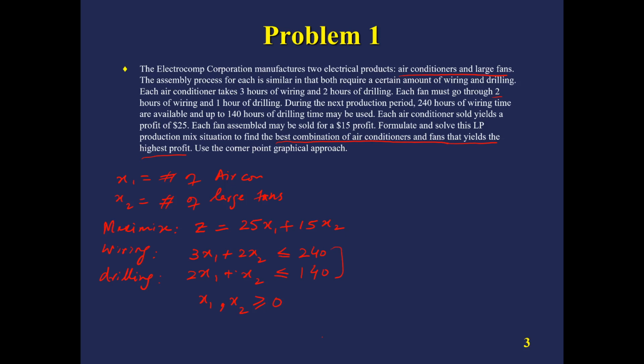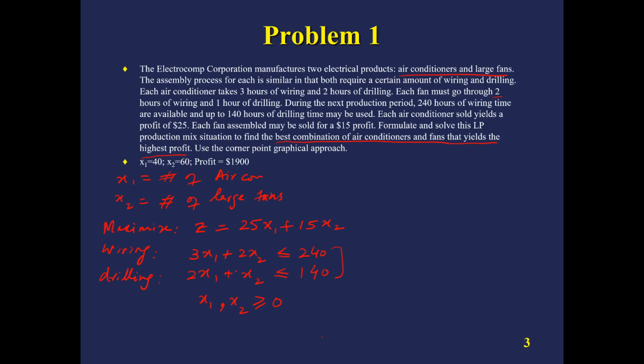If it makes you comfortable, draw a table. Let's go to next. Okay, so the solution is x1 is equal to 40, x2 is equal to 60, profit is equal to $1,900, the objective function.